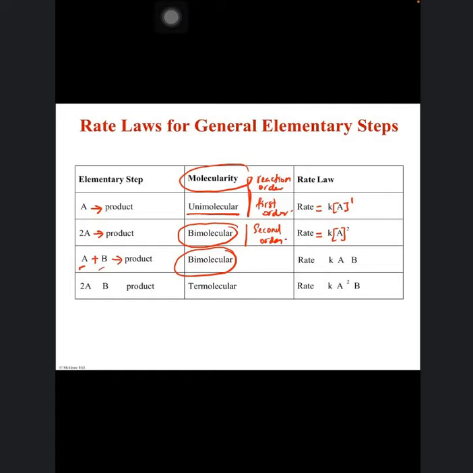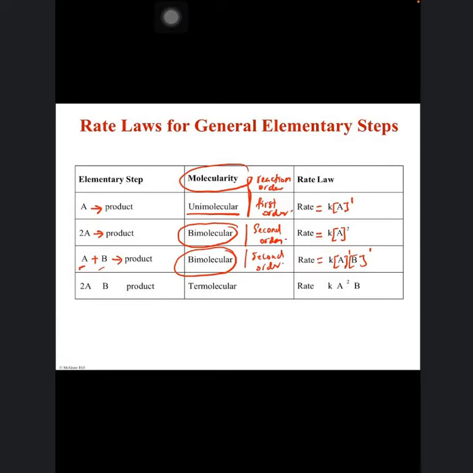Dan dalam kes ni dia juga adalah second order, so rate law kita akan jadi rate is equals to k[A]^1[B]^1 sebab 1 campur 1 will be equals to 2. So that would be our rate law for this elementary step.